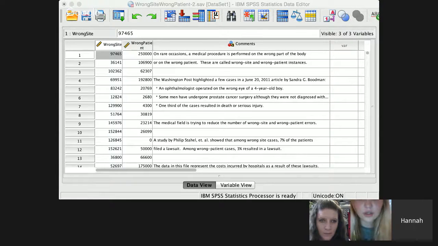So when you do it on the computer, when it gives you this statistical analysis, does it take both the wrong site and the wrong patient side, like both of those numbers? Let me do it again. I don't think you can see it. Let me change how I'm sharing my screen.